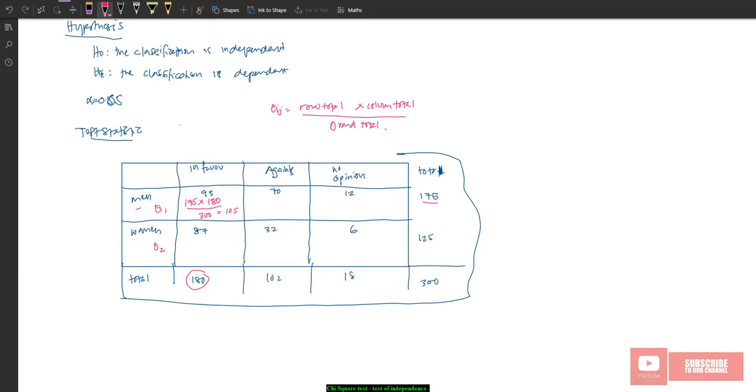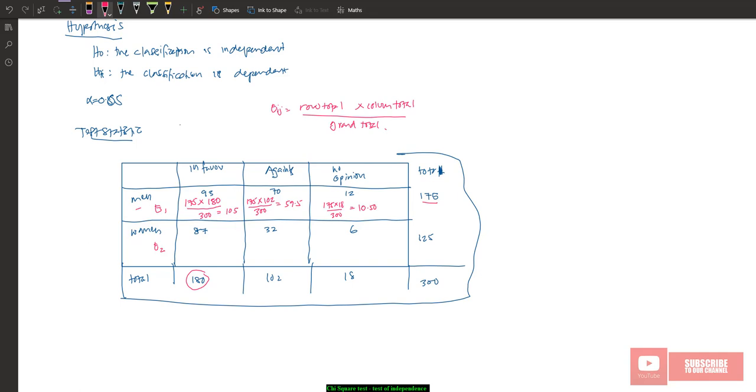So this one should be equal to 105, right? Same goes for against man: 175 multiplied by 102, the column total, divided by 300, the grand total, which is equal to 59.5. And this one, same, 175 multiplied by 18 divided by 300, equal to 10.50.